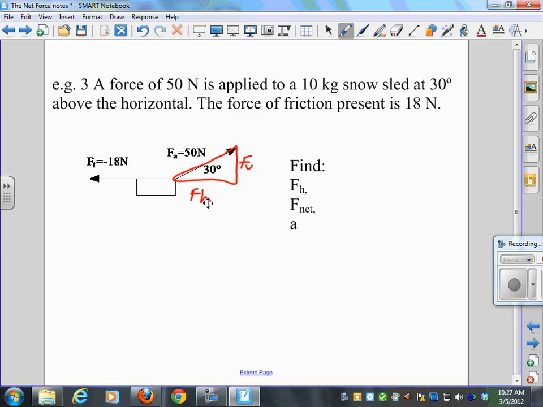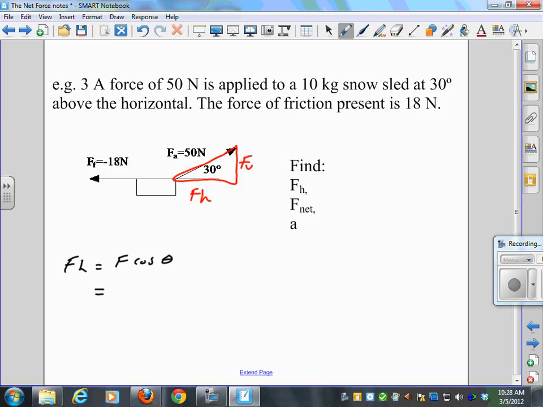Okay? So what we have here is a right triangle, right? The horizontal component is adjacent, so Fh is going to be F cos theta. That's pretty much always true. The only time it isn't is when you're drawing the 30 degrees in relation to the vertical.